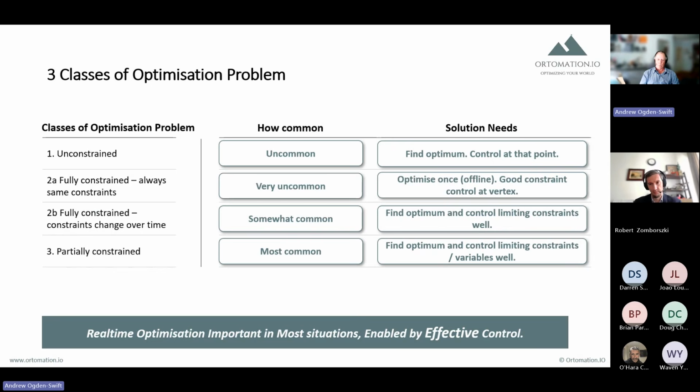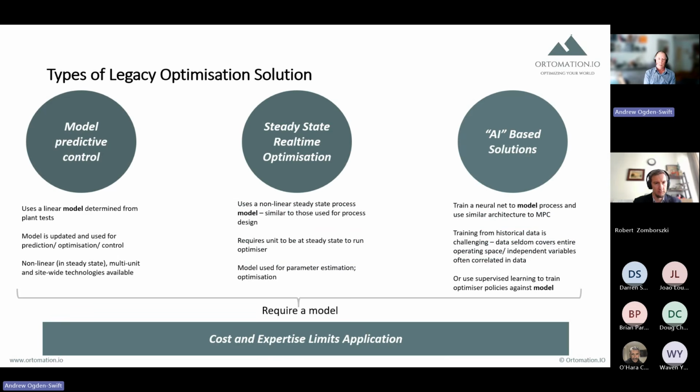And what happened was the operators would either ignore the optimizer, or they'd only enter some of the recommended set points that they happened to like, and the optimum therefore was incorrect. So the vast majority of companies with experience in this area now do optimization in closed loop. The key takeaway from this slide and prior slides is real-time optimization is valuable in most situations, and we also enable it by effective control.